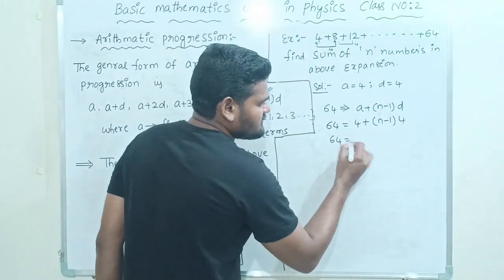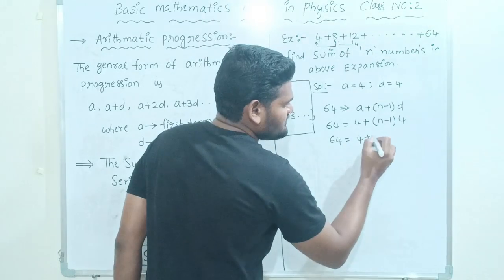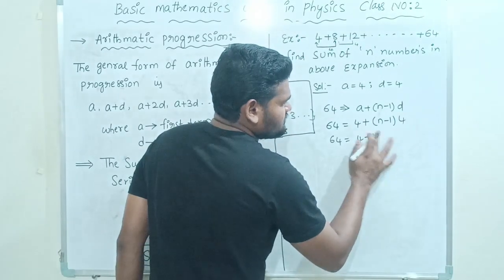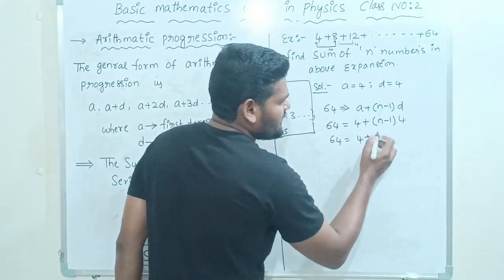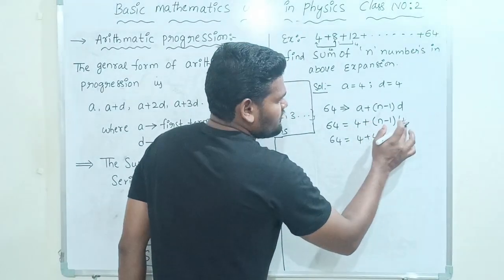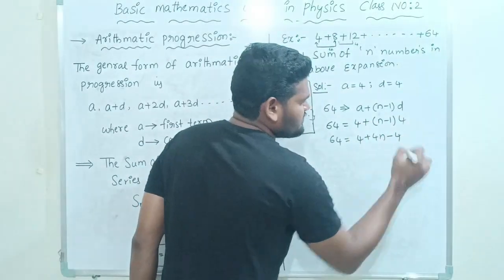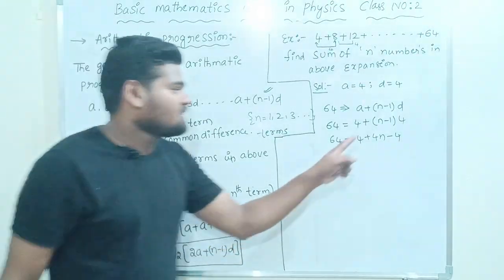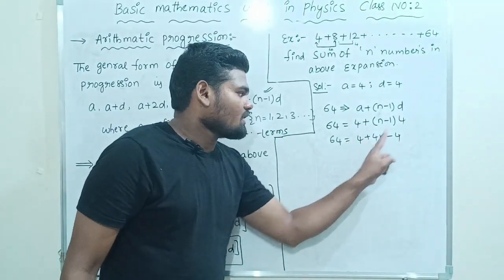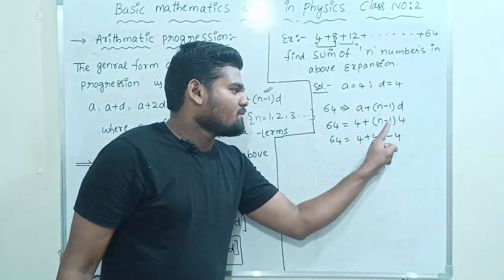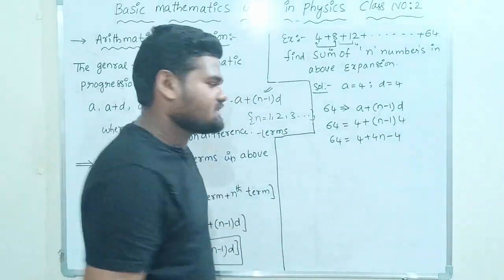So 64 is equal to 4 plus 4 into n, 4n, and 4 into minus 1, minus 4. Are you getting it?